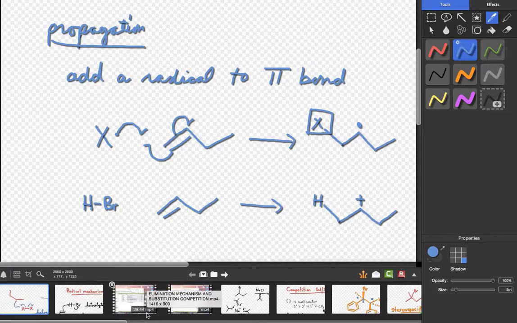Now, I want you to notice the subtle difference in mechanism here. We're going to get two different products because the first step in the radical reaction adds the halogen to make a more stable radical. But when we react it with an electrophile like HBr, the first atom that's added is a hydrogen to yield a more stable carbocation. The radical will eventually be replaced with, you guessed it, a hydrogen atom.